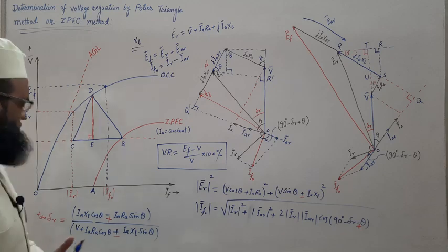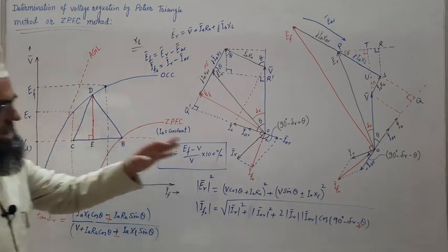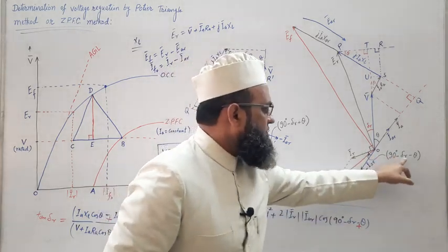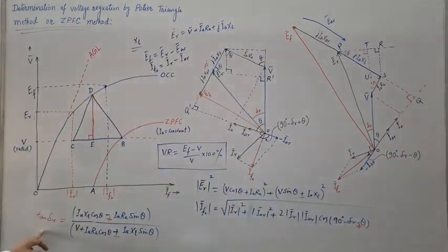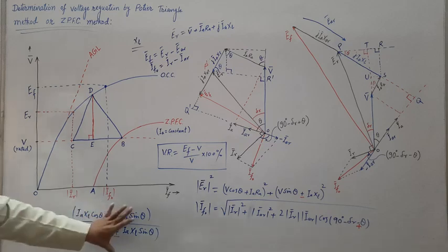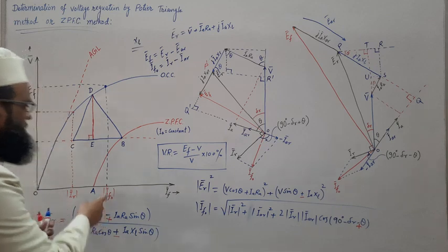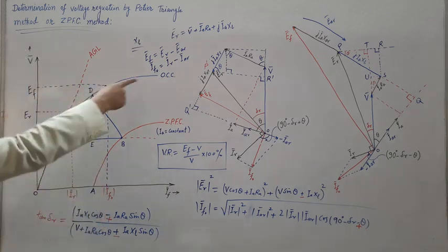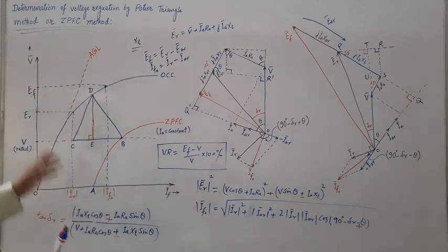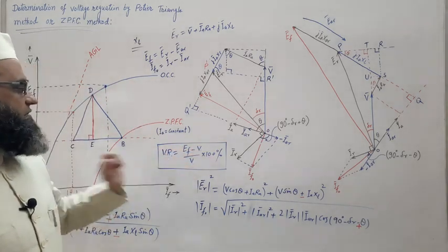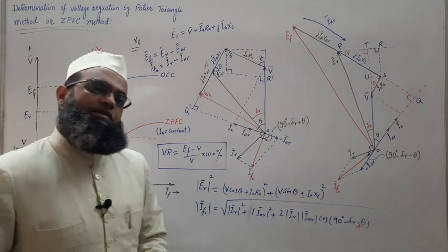Fine. So IR is known, IAR is known, and the angle between these two is known by evaluating delta R using this relation. Delta R is tan inverse this. So this is known. Once this is known, corresponding no load EMF is known from OCC, that's it. Just substitute this EF here, use this formula, get this value of voltage regulation.